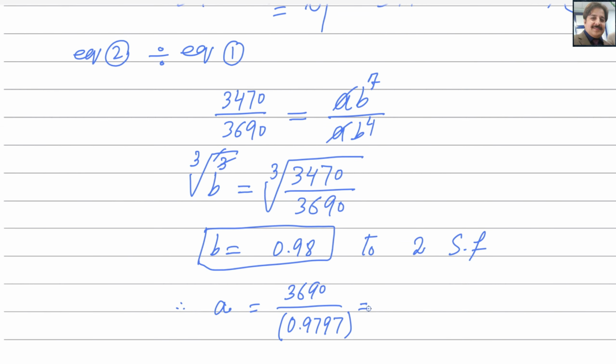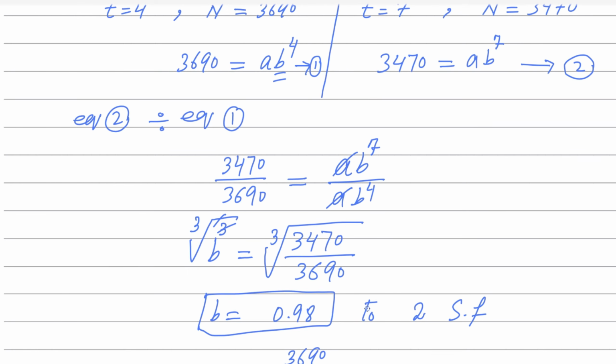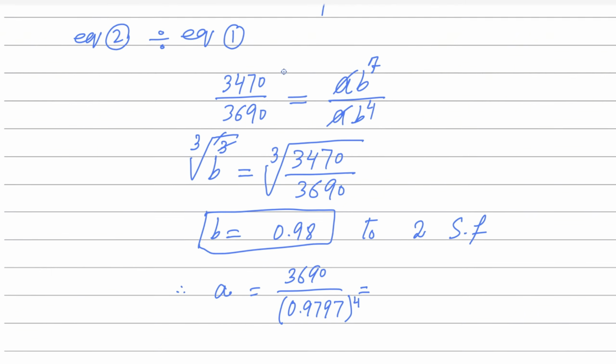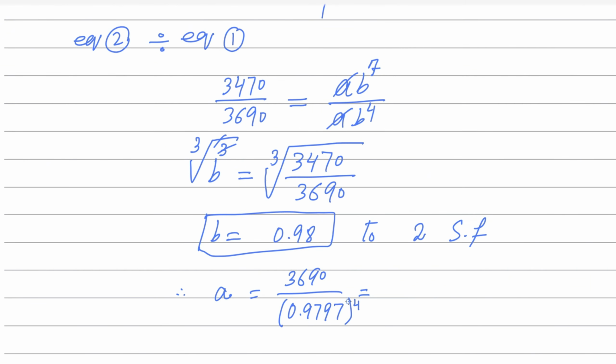Sorry, I forgot to put the power, because it is b to the power 4 here, so you will divide by b to the power 4. The answer is 4005, but you need to round to two significant figures, so we will write 4000. Okay, the value of A is 4000 and the value of B is 0.98.